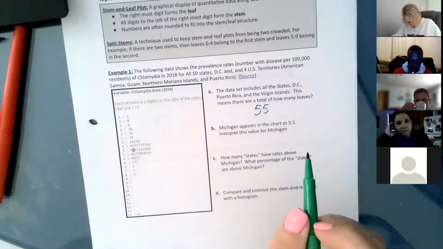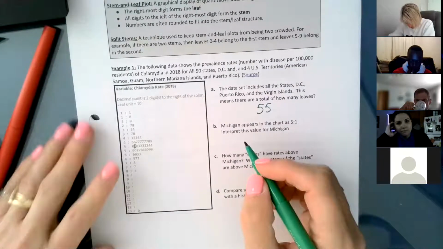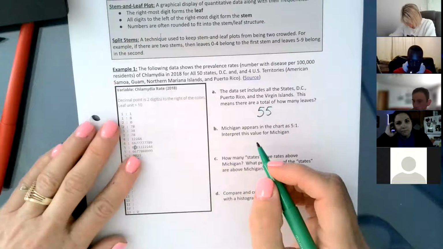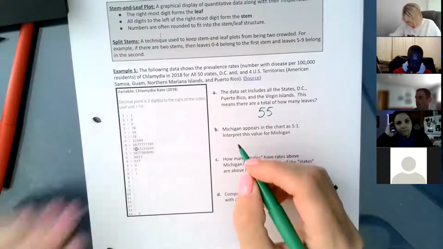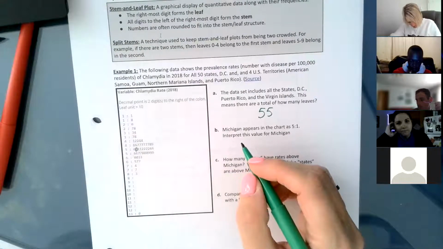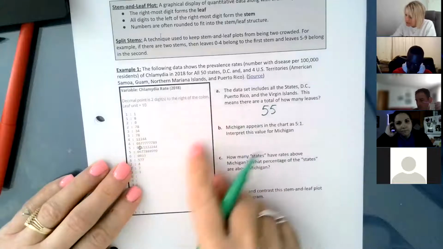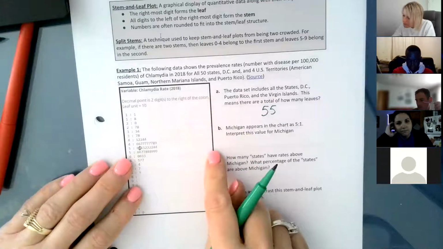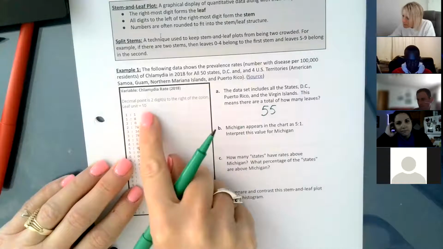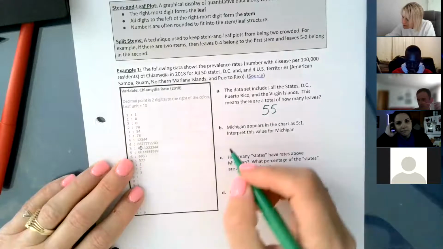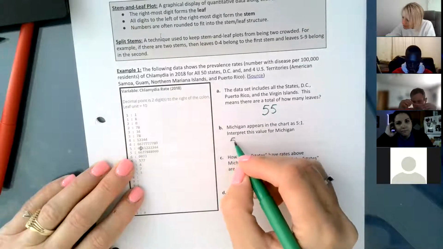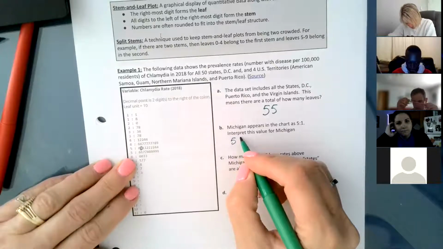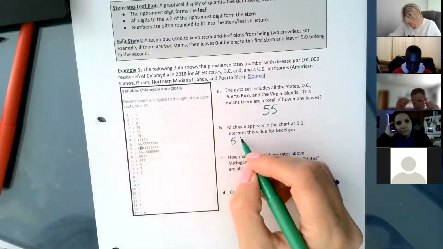Okay. So that would be 5, because it says the 5 is a leaf unit of 10. This would be the tens unit, leaf unit, 2 digits. Decimal point is 2 digits to the right of the colon.